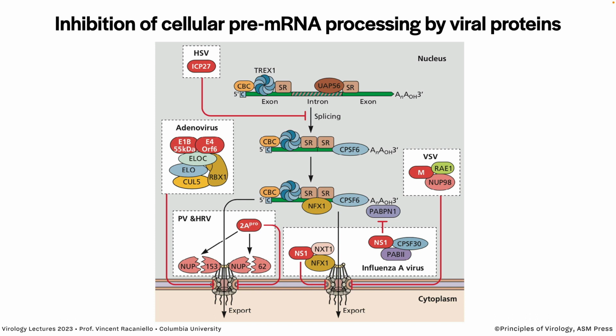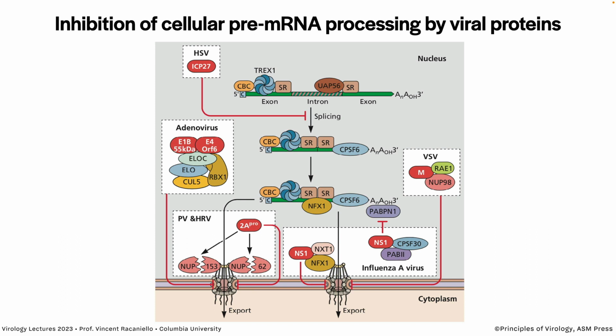Our artist had a very fun time drawing all these. I like this one here, T-Rex. This protein is called T-Rex. And all of these are then bound by the export pathway proteins, and FX1 is one of them, and NXT, et cetera.